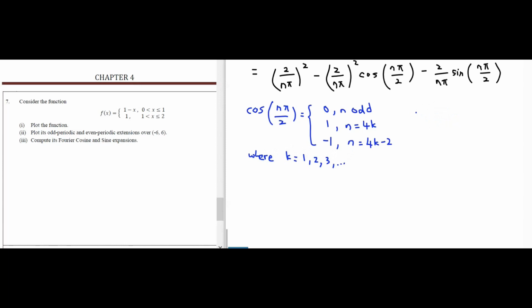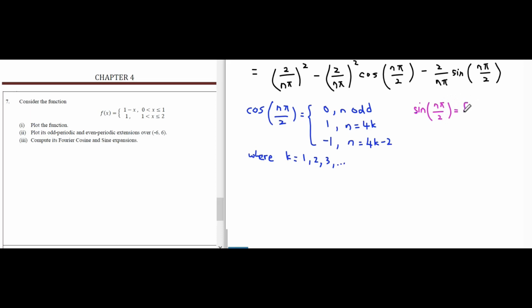The same concept applies for sine n pi over 2. When n is even, 2, 4, 6, and so on, we get sine pi, sine 2 pi, and so on.